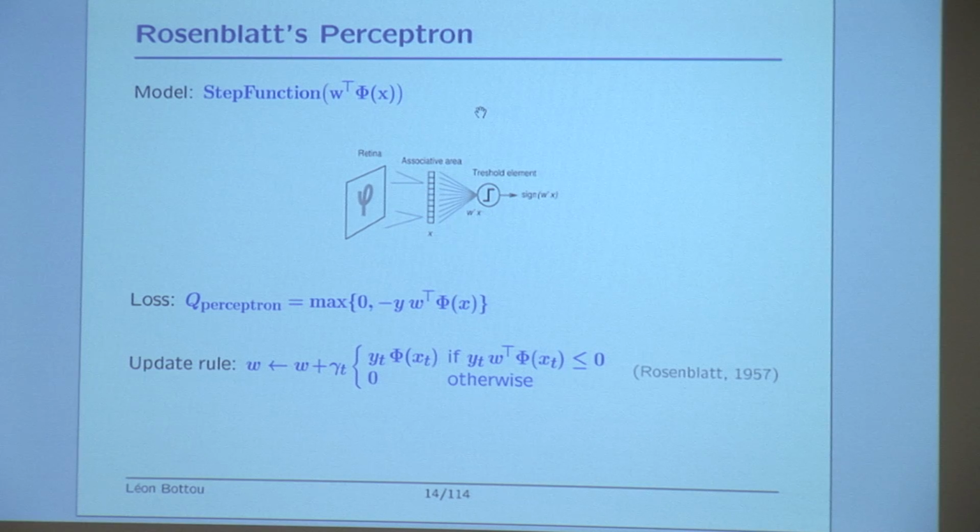Otherwise, the loss is 0. The maximum makes it not differentiable. Not a big deal. I can compute my gradients. When this term is positive, I can take its derivative. When this term is negative, it's 0. So by just using the stochastic gradient update, I derive the perceptron rule.